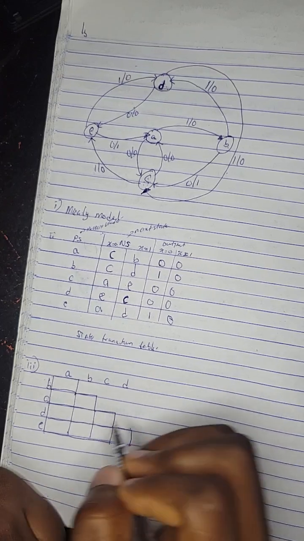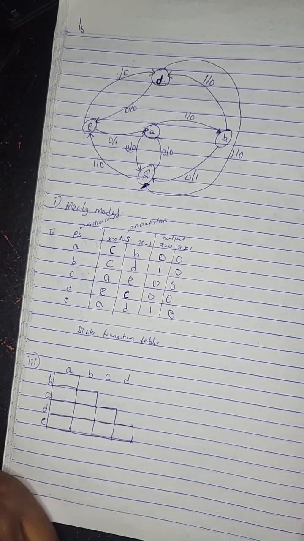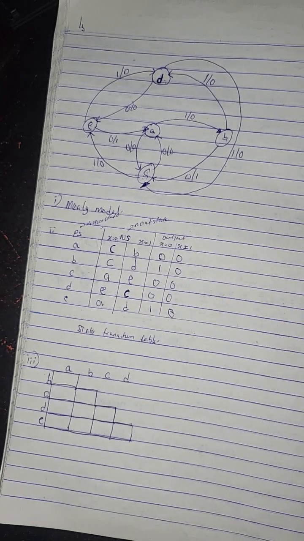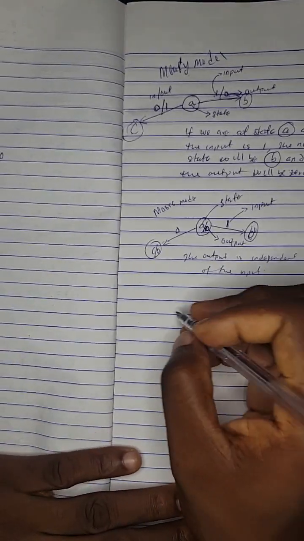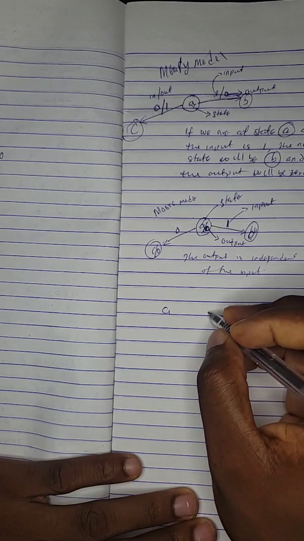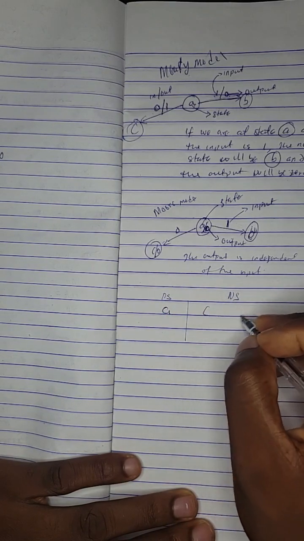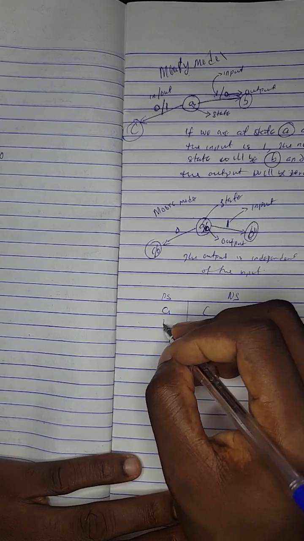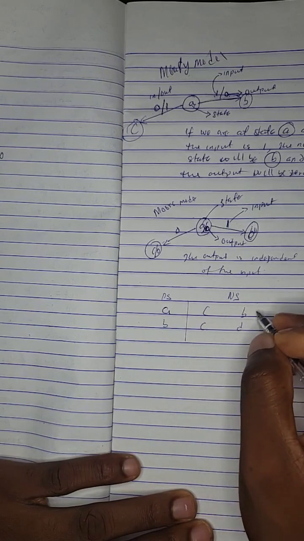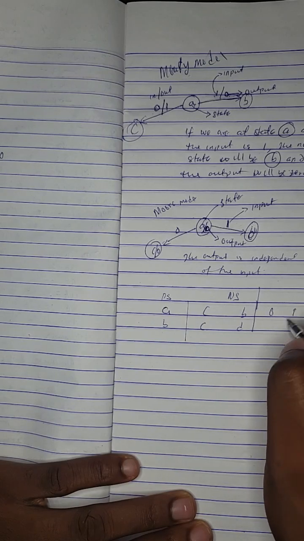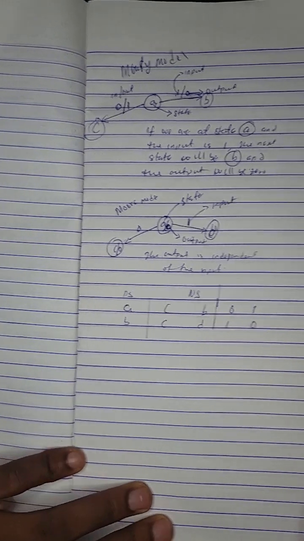So now anytime you are talking about something being equivalent, if you have two states, we have A, which is our present state, our next states are C and B, and for B, our next states are C and D, and our outputs are 0, 1, 1, 0.